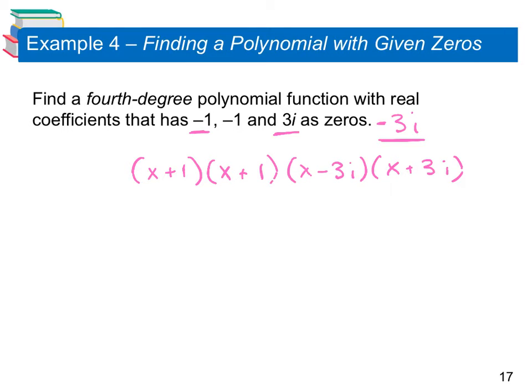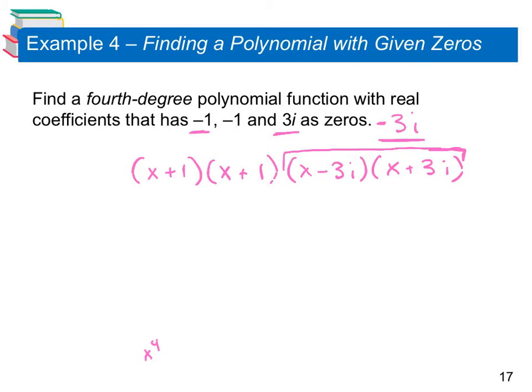Now we need to multiply all of this out to get our polynomial. So in the end, we're going to get an x to the 4th polynomial. So the best way to do it is always multiply the complex number and its conjugate together first.